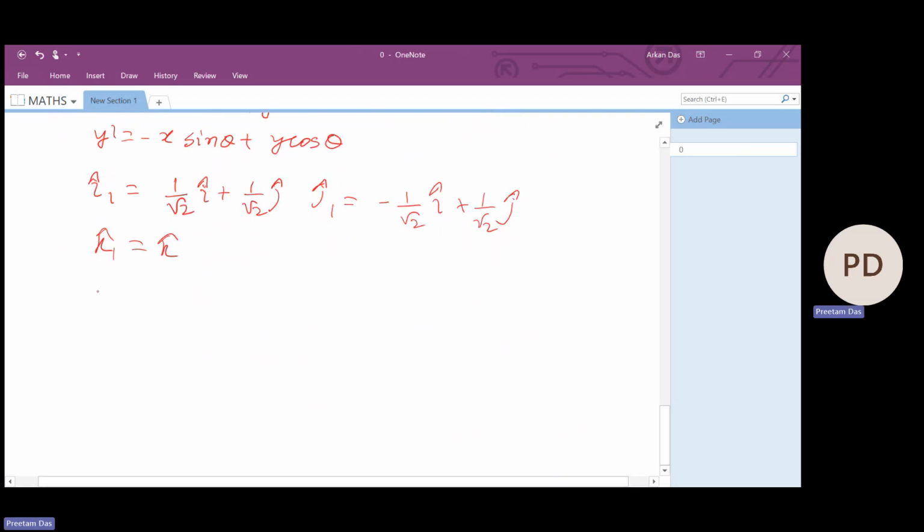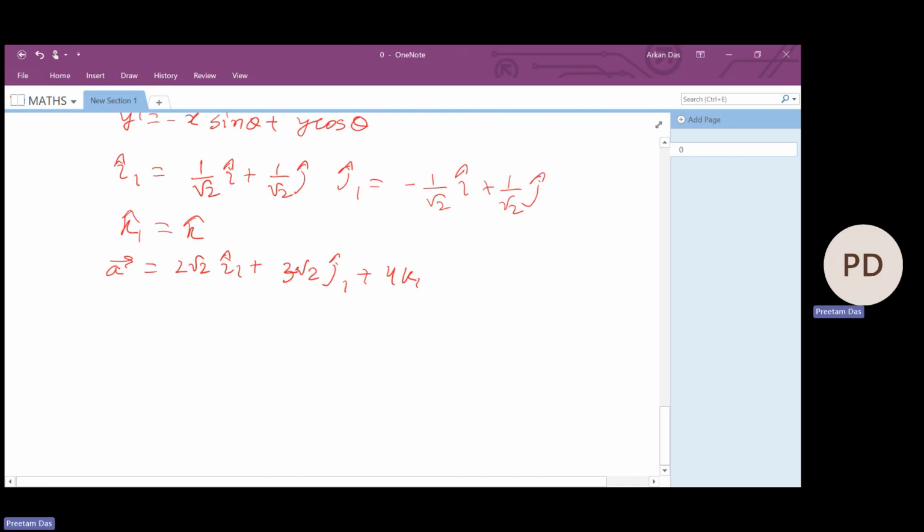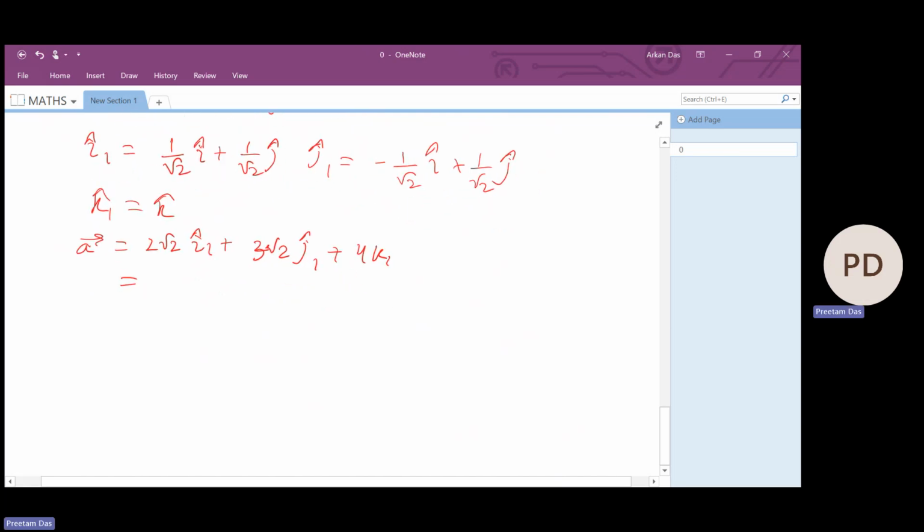So now they have given you that the vector A has the components 2 root 2, 3 root 2 and 4. So this vector will be in this system, this 2 root 2 I1, 3 root 2 J1, 4 K1. So now you have to substitute the values of I1, J1 and K1 that we have got here.